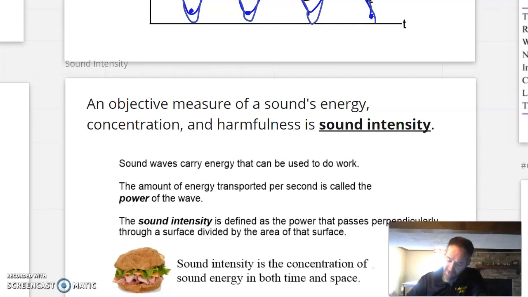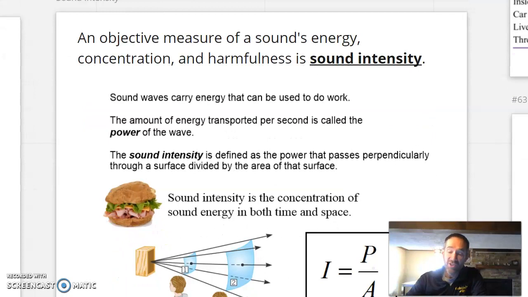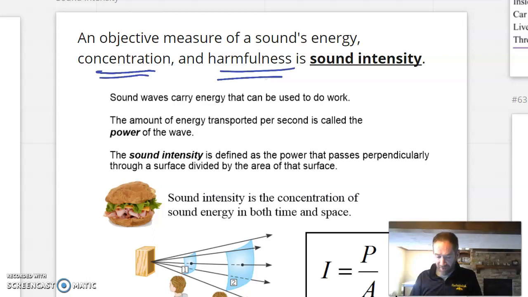Loudness is subjective, but an objective measure is called sound intensity, and it is a measure of how much energy is going through an area in an amount of time. We like to say that it's the concentration of sound energy, and I always like to say it's the harmfulness of sound energy too.